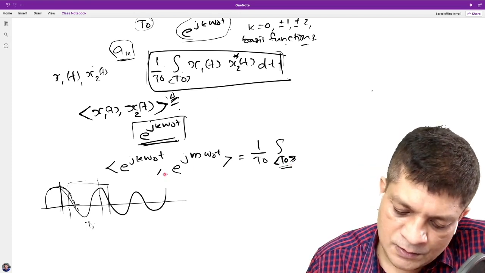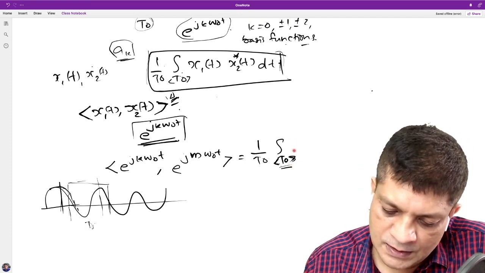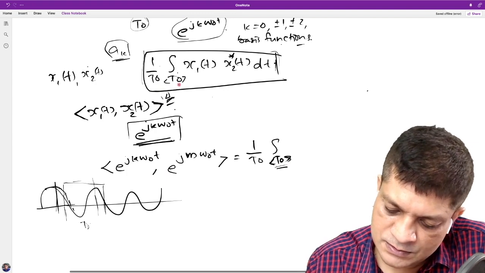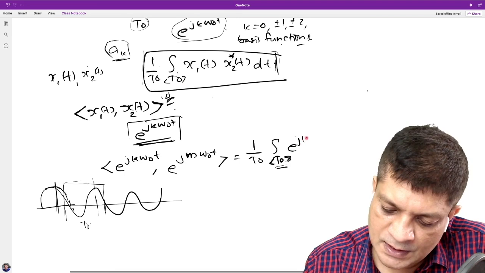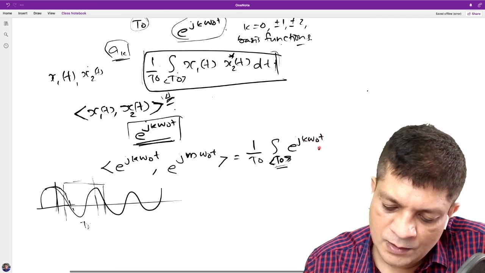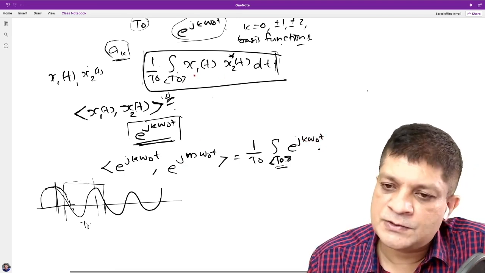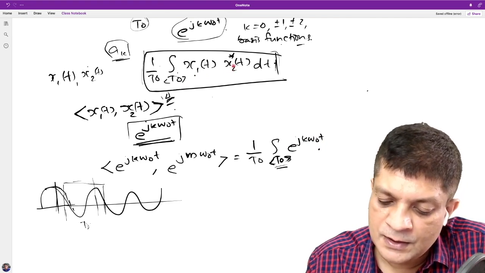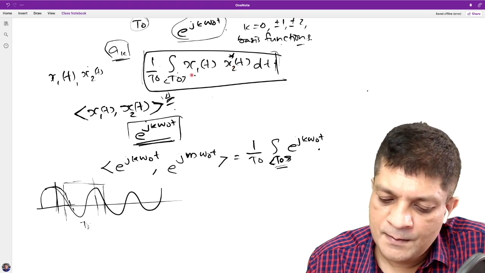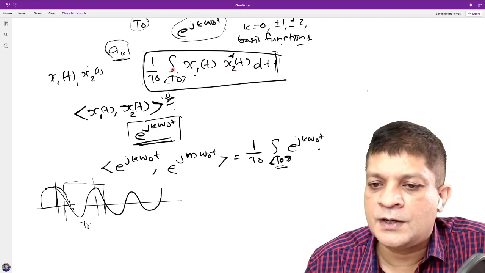So what is this integral? Using this definition, it is e to the power j k omega naught t, the first function, times the complex conjugate of the second function. Multiply those two and integrate over one period.